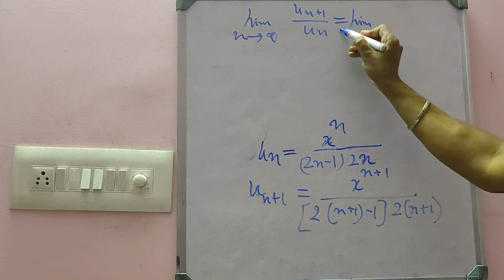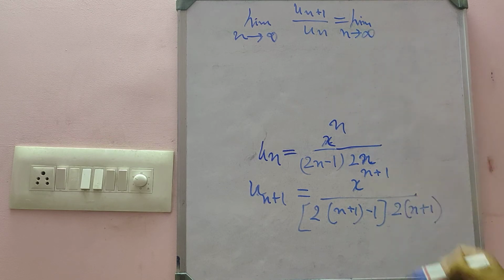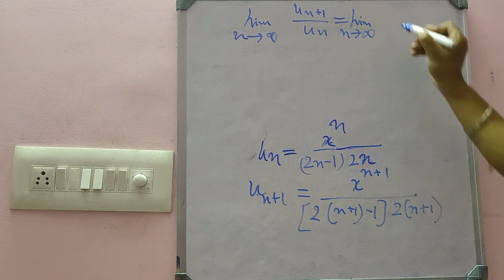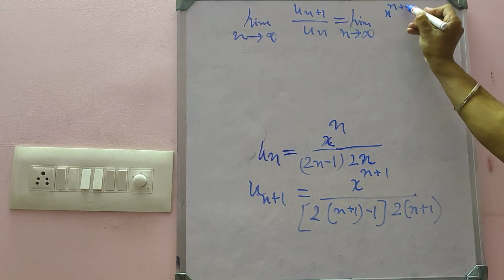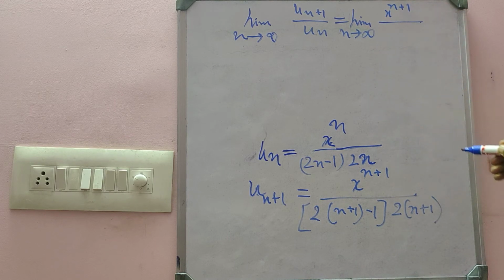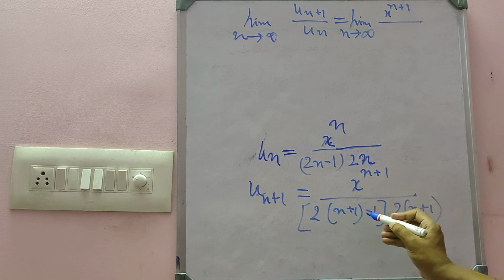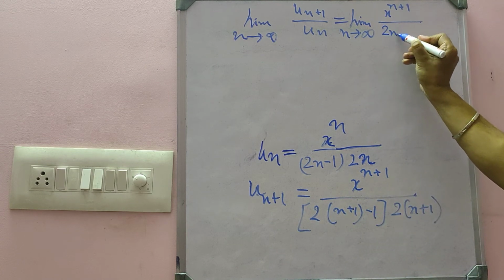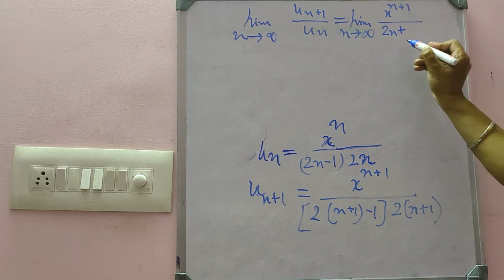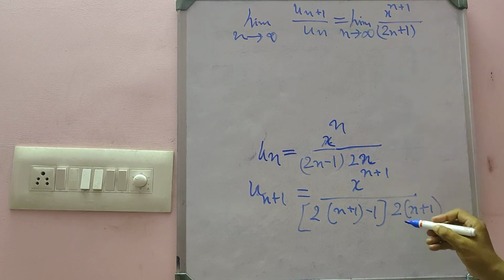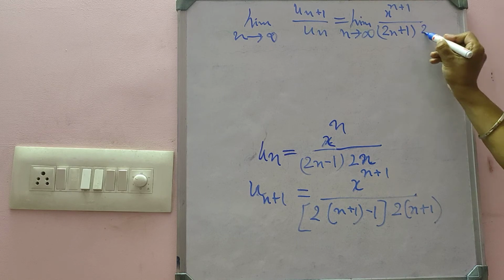Limit n tends to infinity, put the value: x raised to the power n plus 1 divided by, let's take inside, it will become 2n plus 2 minus 1. So it becomes your 2n plus 1, and here take 2 inside, it becomes 2n plus 2.